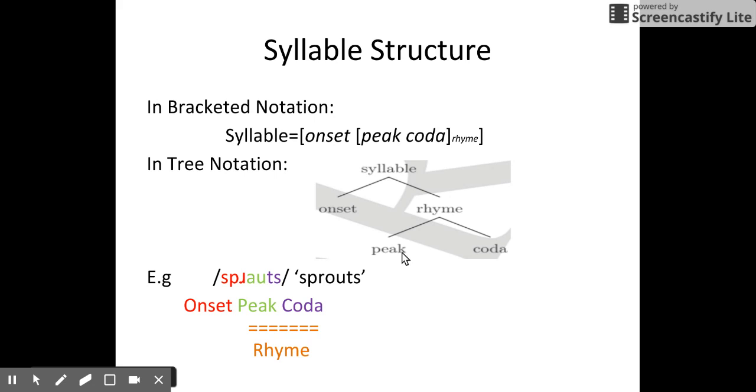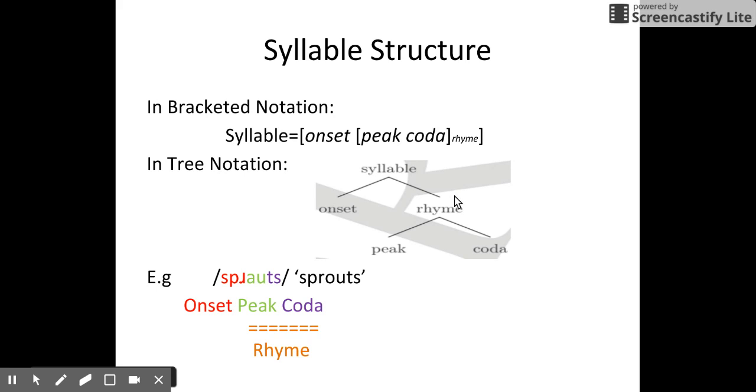And the consonants preceding the peak vowel are called onset. So within a syllable, we can have three different elements: onset, peak, and coda. Peak is a vowel, and onset is the preceding consonant, and coda is the following consonants.